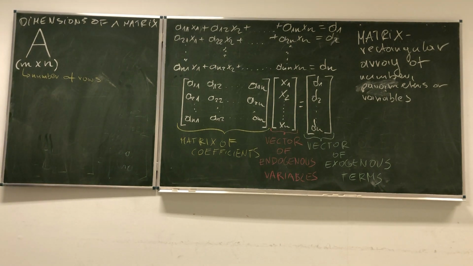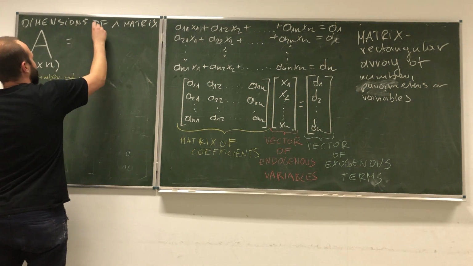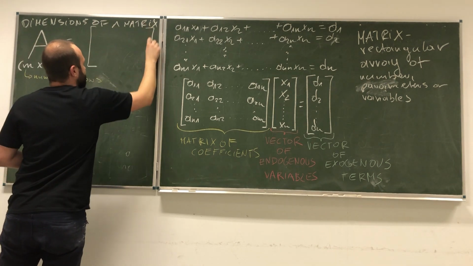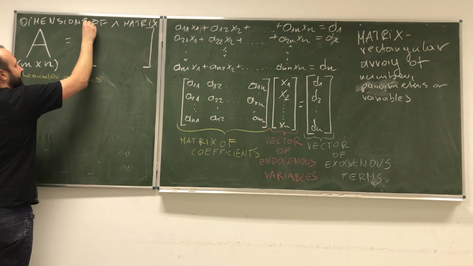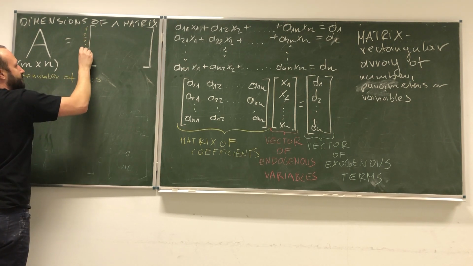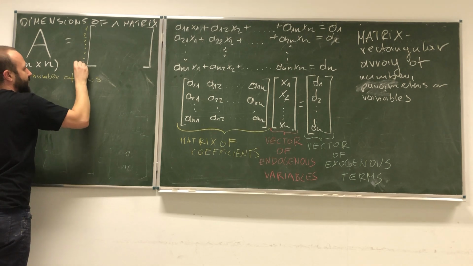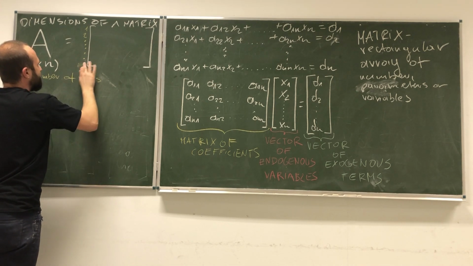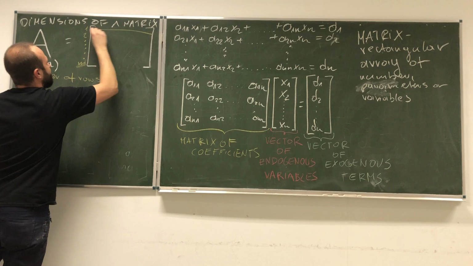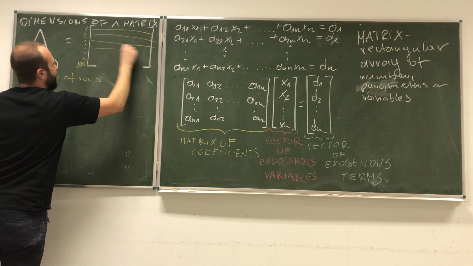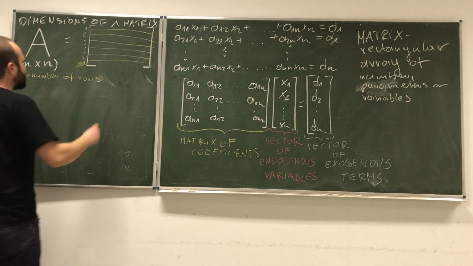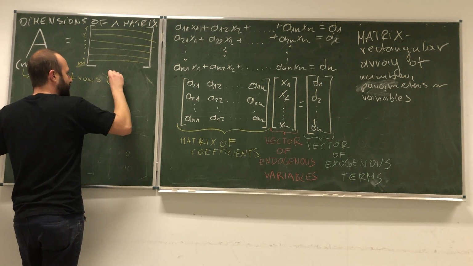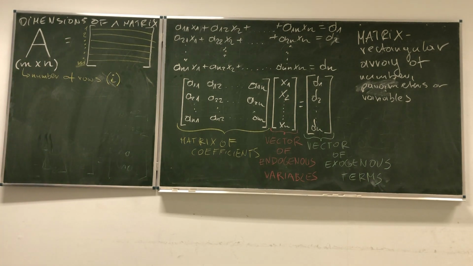So, some matrix like this, then this matrix has 1, 2, 3, until m rows. Rows are going like this. Remember, this is very, very important. And we denote each row with lowercase i.